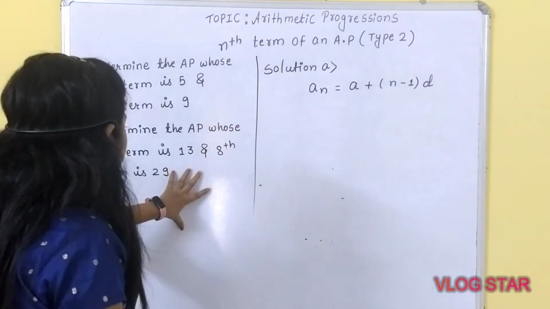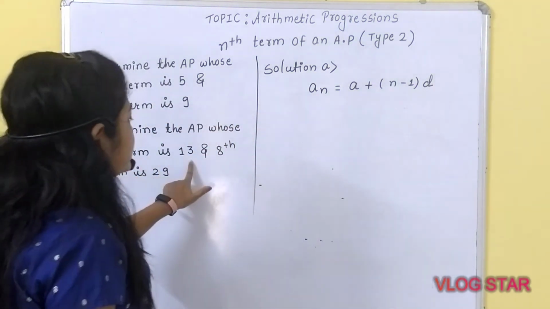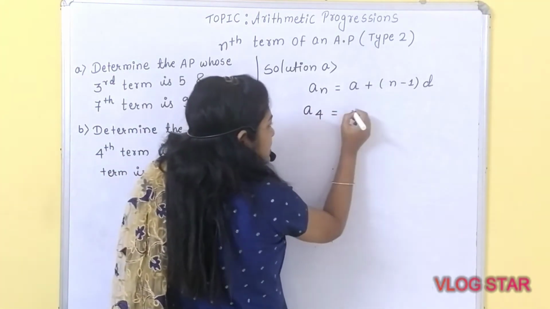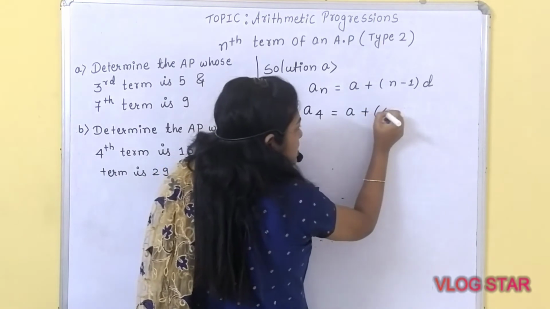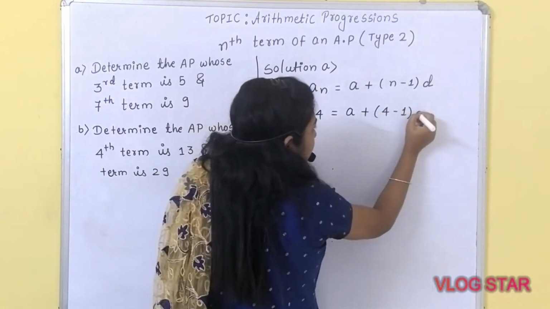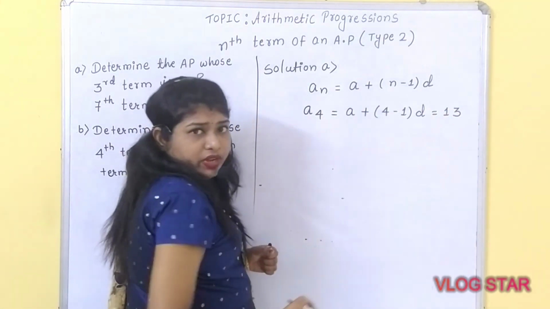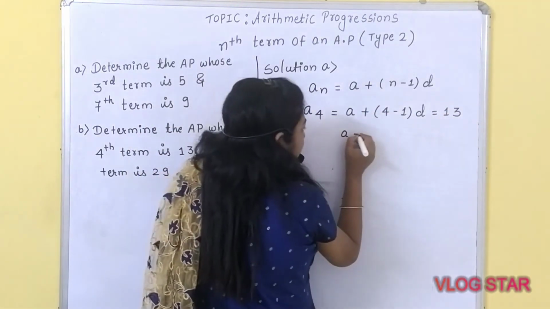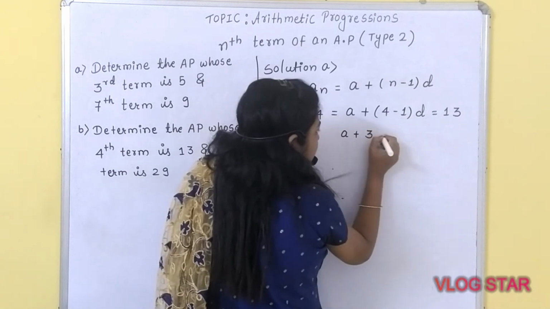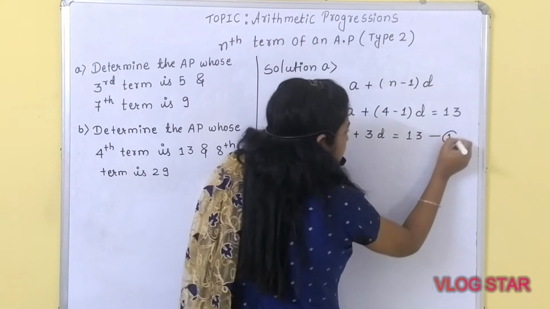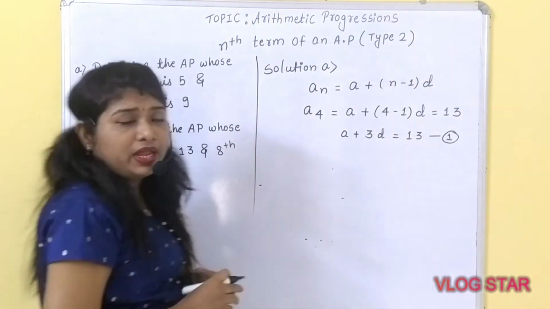What is the given data? Fourth term is 13. So can I write A4 is equal to A plus 4 minus 1 into D is equal to 13. After solving, you will get A plus 4 minus 1 is 3D is equal to 13. Consider this is equation number 1.